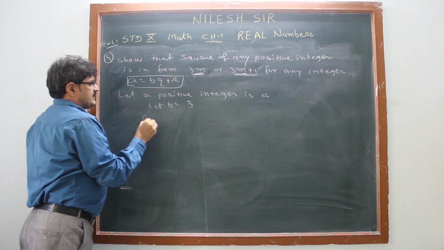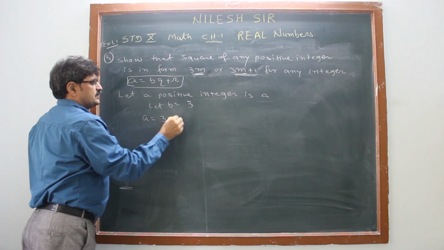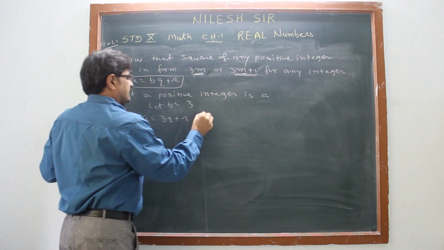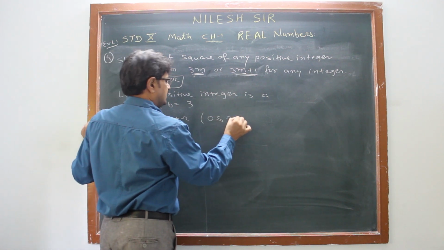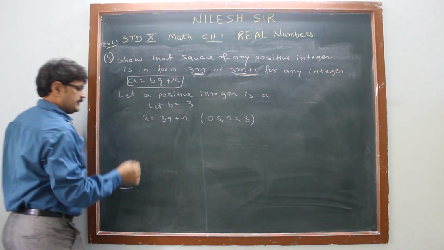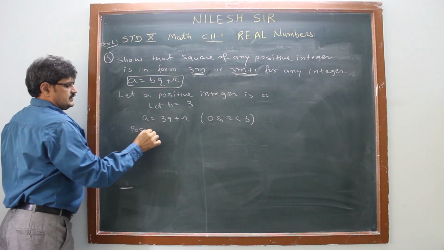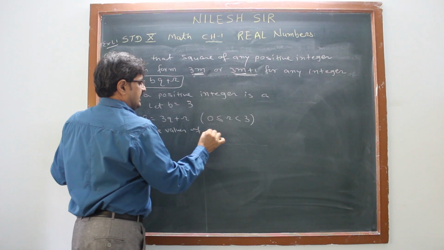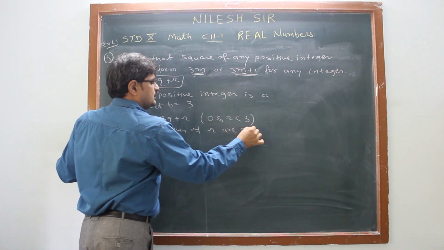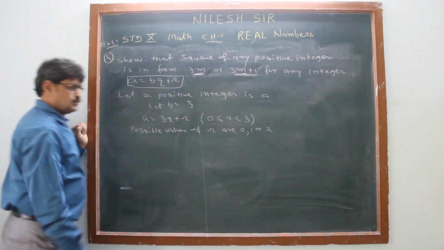So now I can write a is equal to 3q plus r. The condition which must be satisfied is 0 less than or equal to r less than 3. So the possible values of r are 0, 1 or 2.